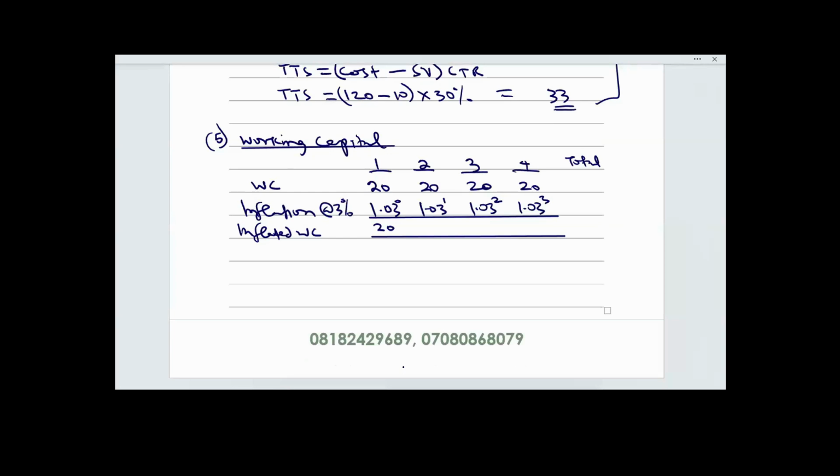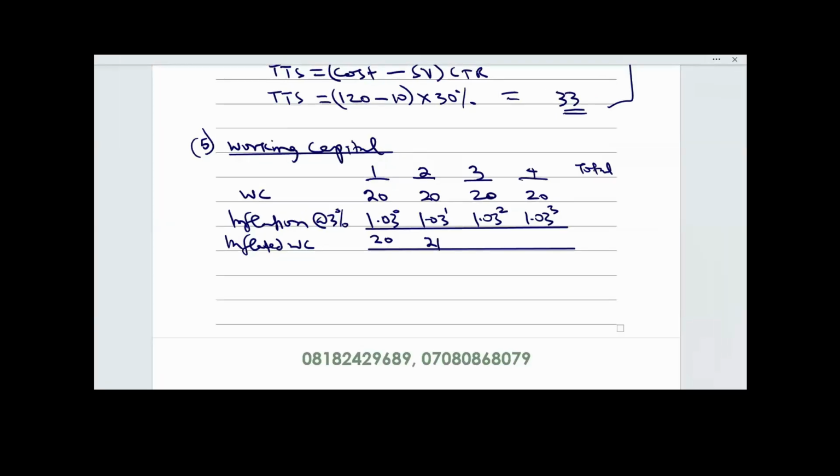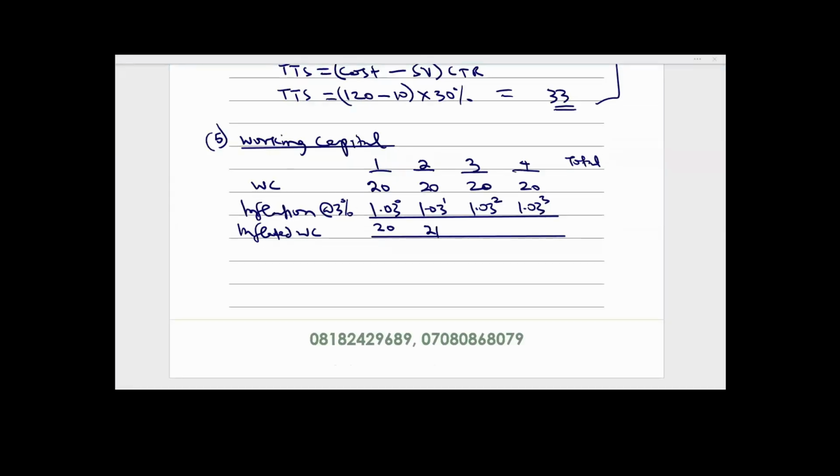Now, the second year, 1.03 raised to power 1 multiplied by 20 equals 20.6, rounding to 21. Okay. Then for year 3, 1.03 raised to power 2 multiplied by 20 equals 21.2, which is rounding also.